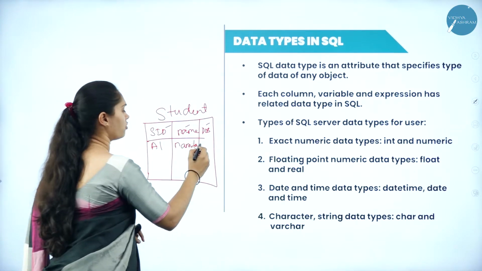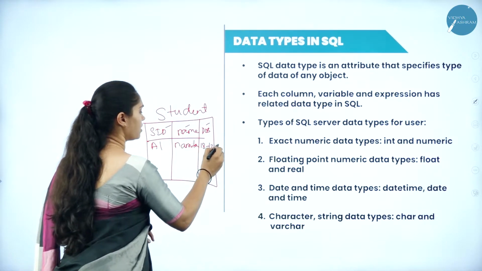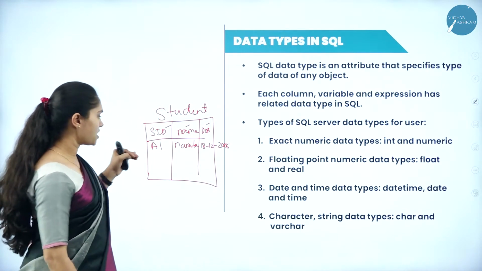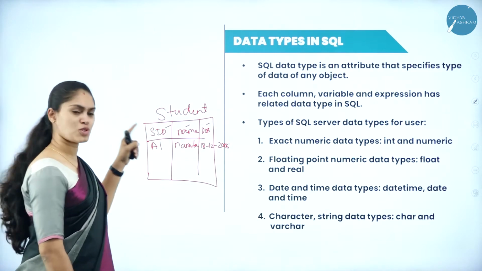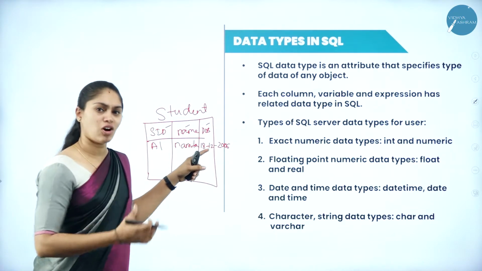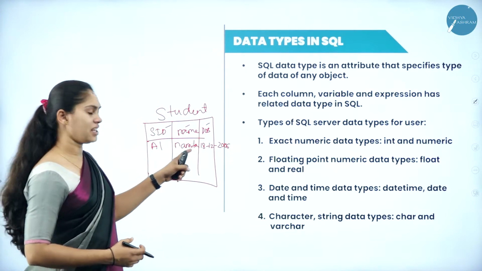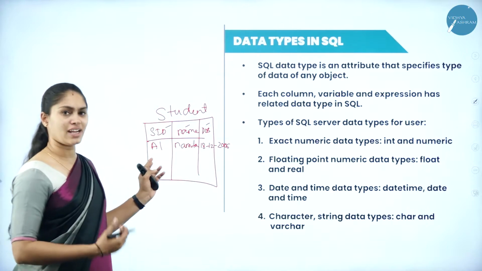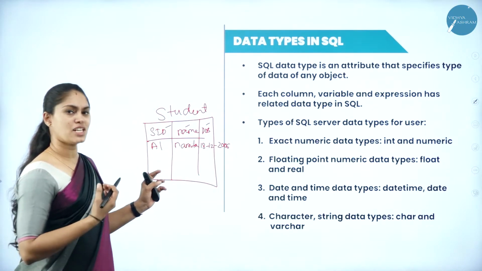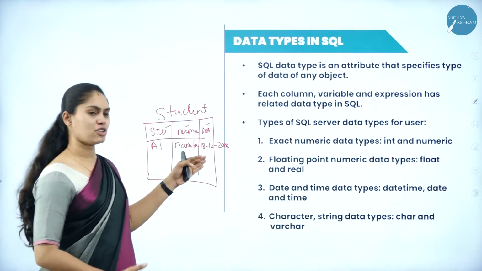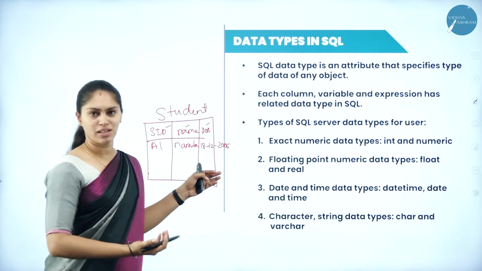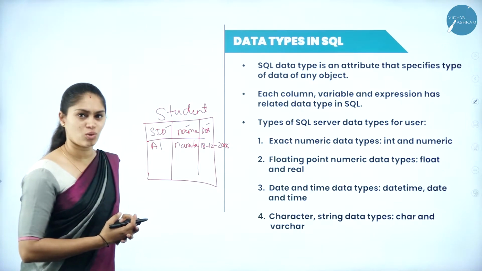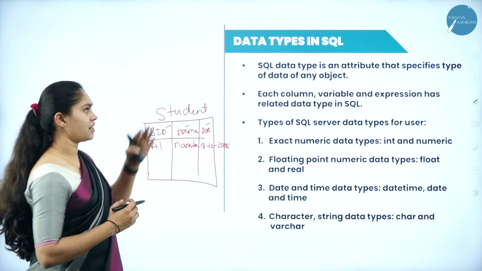And for date of birth, 18/12/2006. So all the values I am giving for student ID, name and date of birth are of the same type. I am giving everything in terms of characters, or the SID or student ID in terms of numbers or alphanumeric. And I am taking the date of birth in terms of date and month format. What all these indicate is what kind of data we are storing, which indicates the data types in SQL.